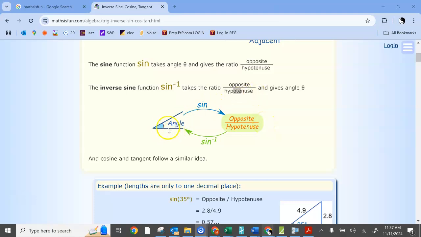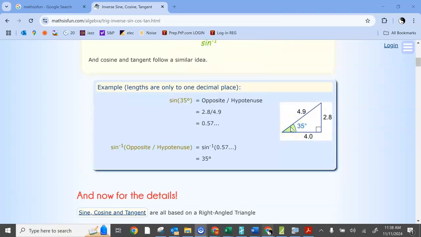What we did today in the reviews, we had an angle, and we were able to figure out the opposite or the hypotenuse if we knew one of them, using the sine function. Today, we're going to have the two sides given, but not know what the angle is, and we're going to use that ratio to go back and calculate the angle. So it's basically going in reverse.